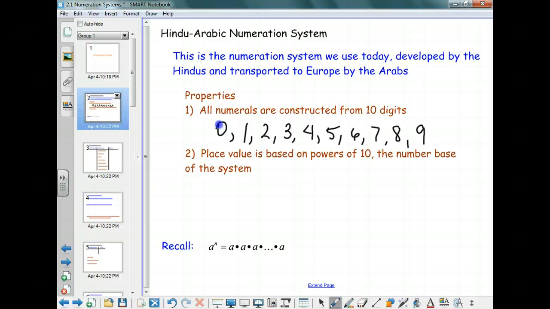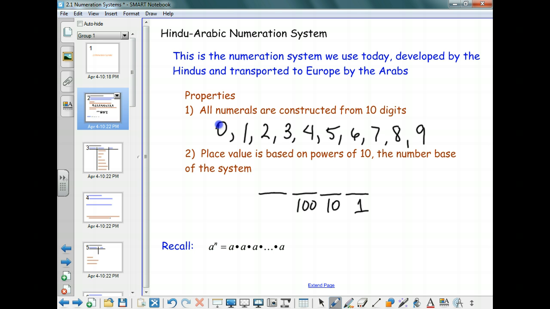We also have a place value system that is based on powers of 10. We're talking whole numbers here because we're not going to get to decimals until we get to math 2. You start on the far right hand side, we call that the ones place, correct? And the next place over is called what? This is the tens place, and the next place over is called the hundreds place, and we'll go one further.